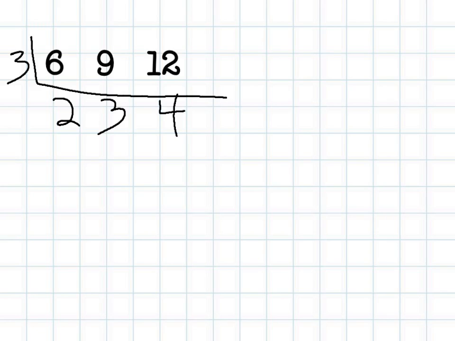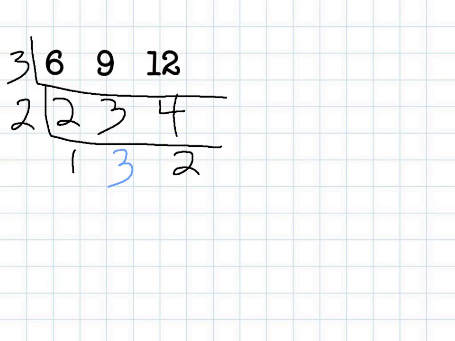So what we want to do is see if there's a number that goes into 2 of them. And the answer is yes, there is a prime number that goes into 2 and 4. They are both divisible by 2. So 2 goes into 2 once, 2 goes into 4 twice. And then all you're going to do is bring down the 3. You don't do any division with it.